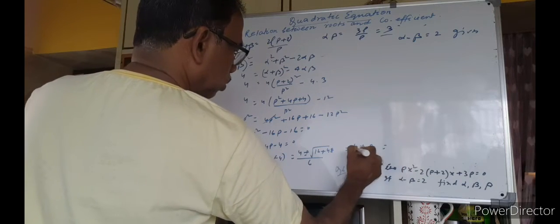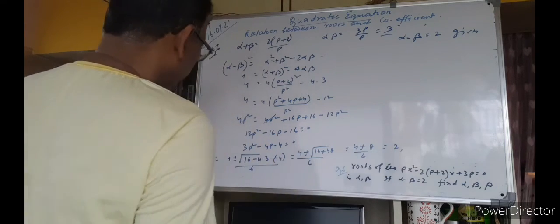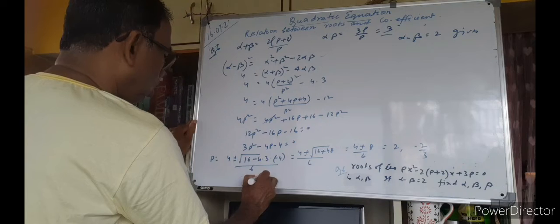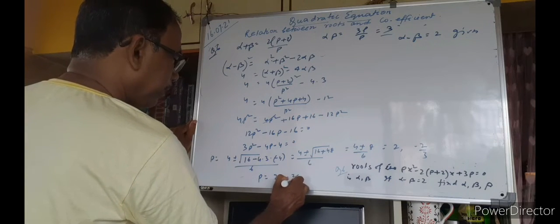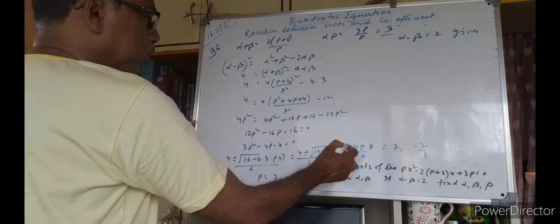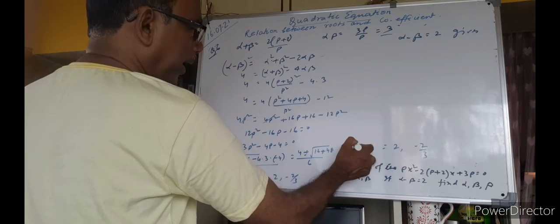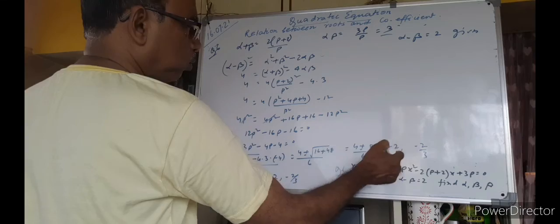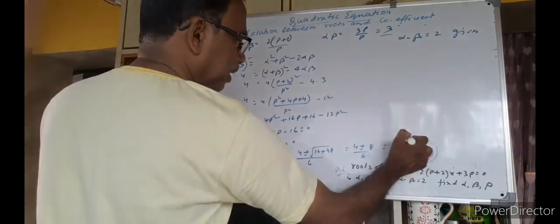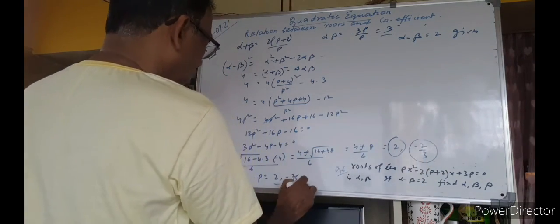That is 12 by 6, which is 2, and minus 4 by 6, which is minus 2 by 3. The values of p we got are 2 and minus 2 by 3.